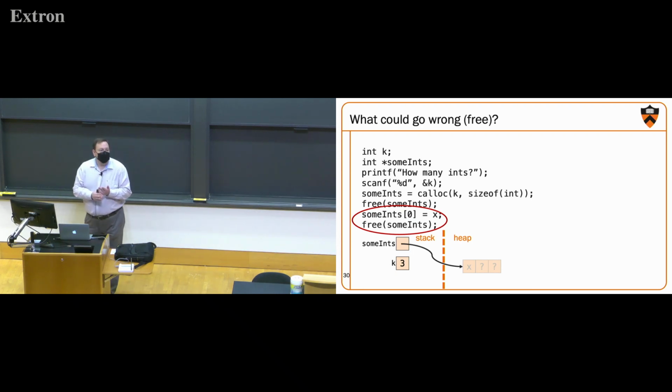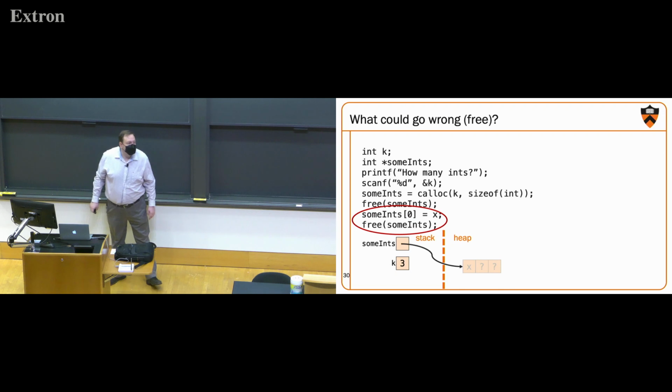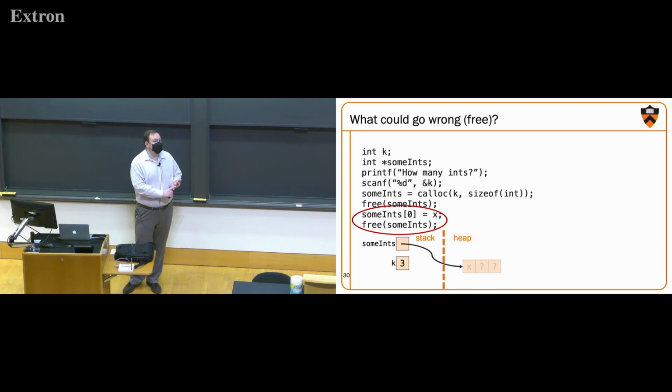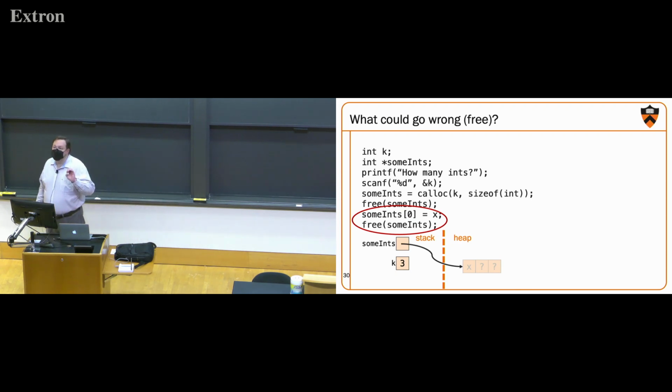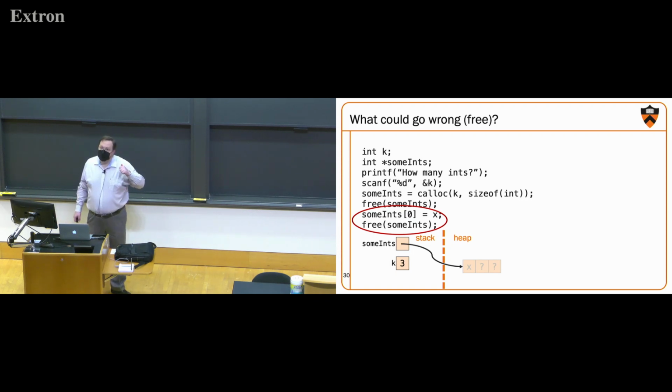The other thing that might happen is that somewhere in between this free up here and the use of that pointer again, you might have called malloc or calloc, or one of the allocation routines, to allocate memory in a completely different part of the program. And now this is more insidious, because now the store through the variable, some ints, will succeed. It will go ahead and put the value x in memory, but that memory you're now using for something else.